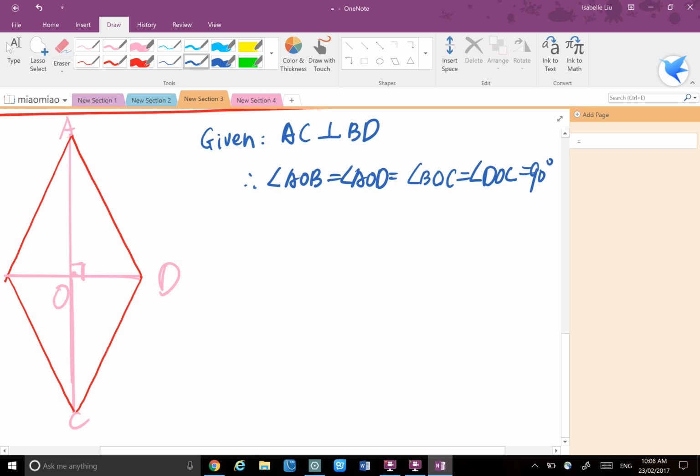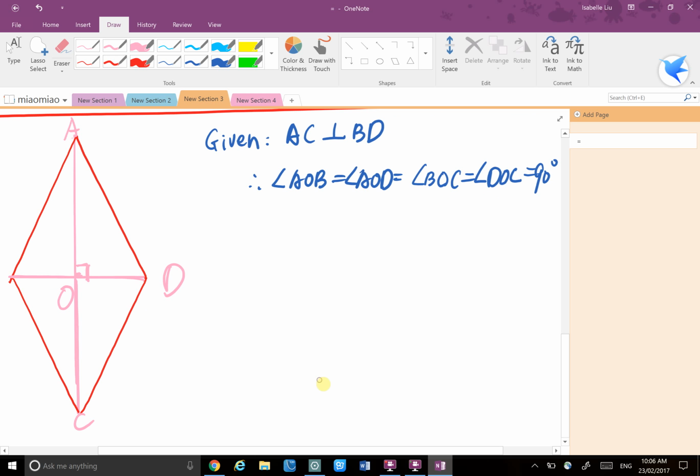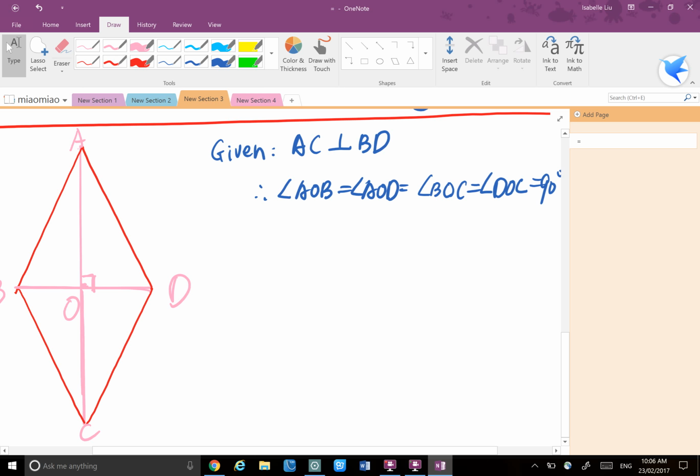That's the information you know. They bisect each other and are perpendicular to each other. What does bisect mean? Bisect means cut into half. So also you know that OA equals OC and OB equals OD.